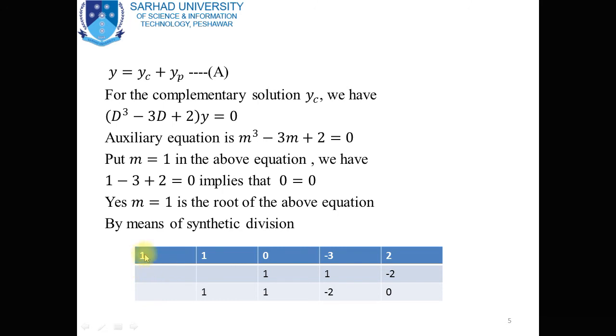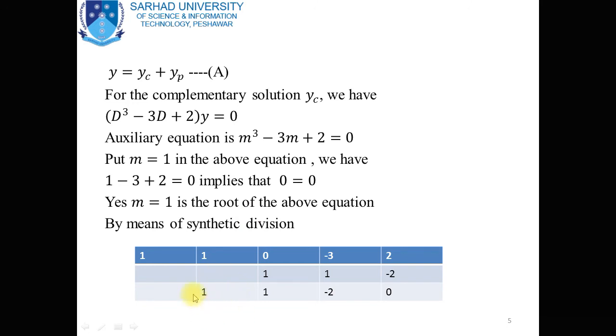Now putting the root at this position, 1 is as it is. Now multiply this 1 with the root, 1 1 is 1. Adding these two, we obtain 1. Now multiply this 1 with 1, we obtain 1. Now minus 3 plus 1 is minus 2. Now multiply minus 2 with this 1, we obtain minus 2, and now the remainder is 0. Remainder is 0 means 1 is a root of this equation, and the depressed equation has these as the coefficients of m square.